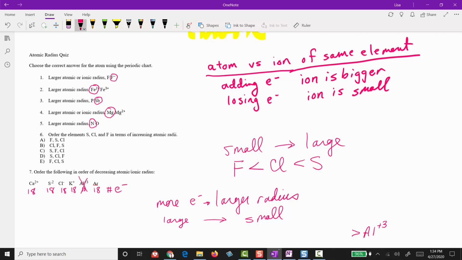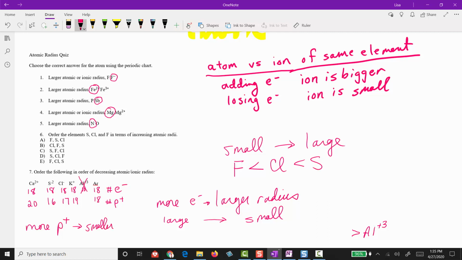Now if the electrons are the same, that's when I look at protons. Calcium has 20, sulfur has 16, chlorine has 17, potassium has 19, and argon has 18. Again, like we said before, more protons makes it smaller because it's pulling more.